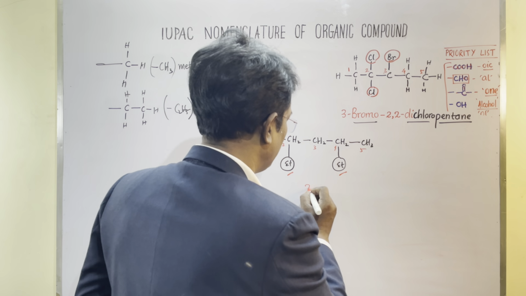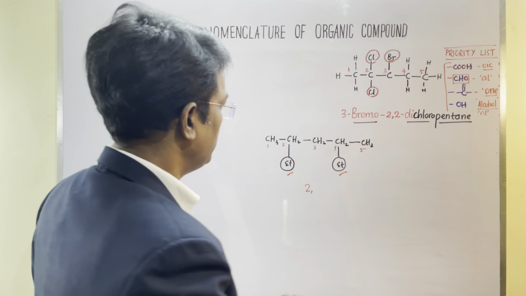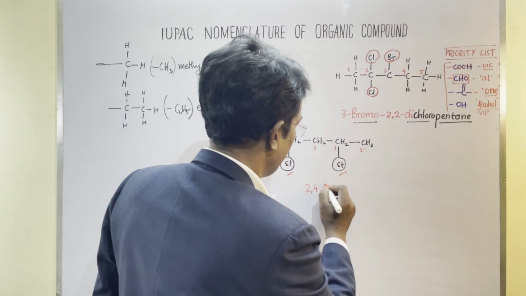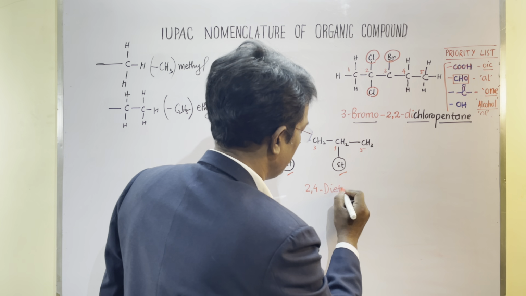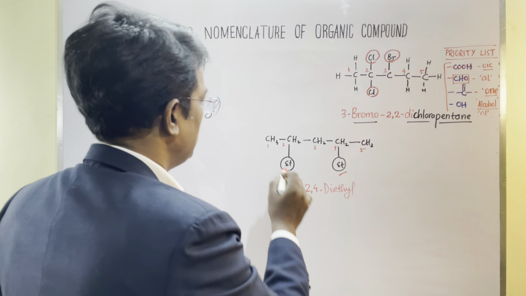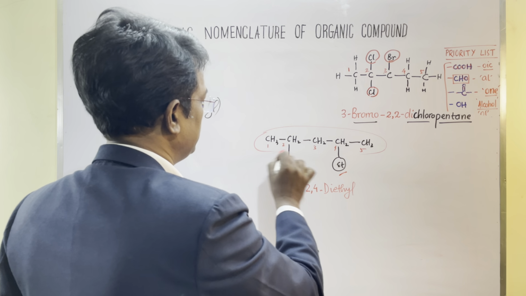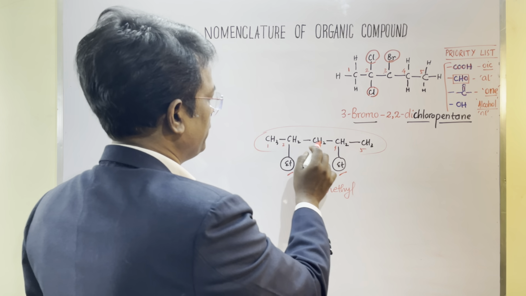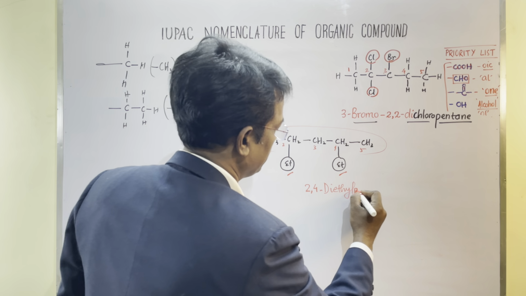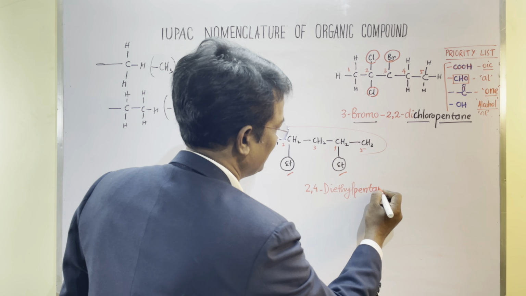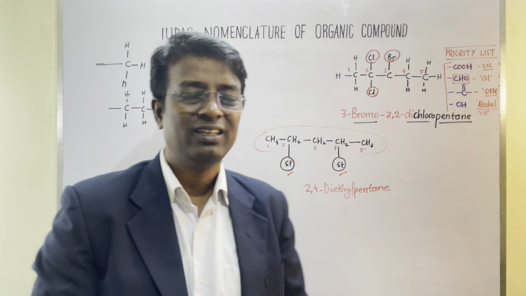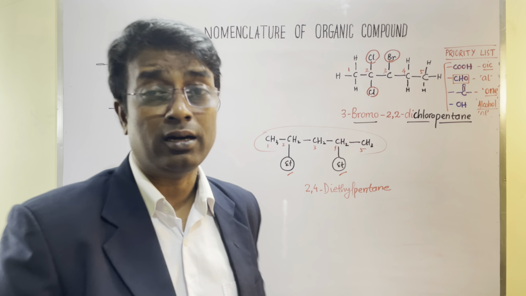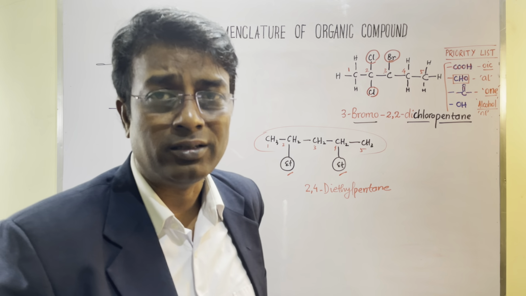So according to most of you, it will be 2,4-diethyl, and since the longest parent chain consists of 1, 2, 3, 4, 5, it will be pentane. And yeah, you have gone bizarre. The answer is absolutely wrong.